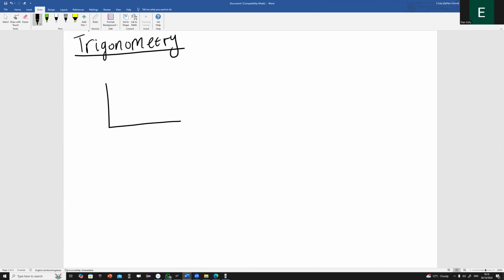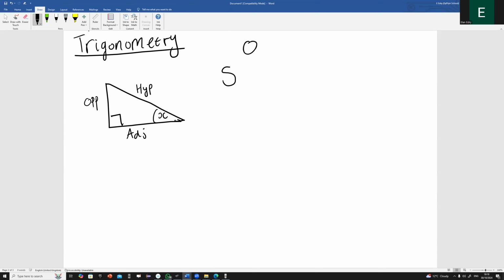We know the layout of a triangle. So there's a 90. If this is the angle, you have opposite the angle, opposite the 90 is the hypotenuse, and the adjacent. That's the way we label a right angle triangle. Then next to it, and you may have heard this phrase, I want you to write exactly what I write.